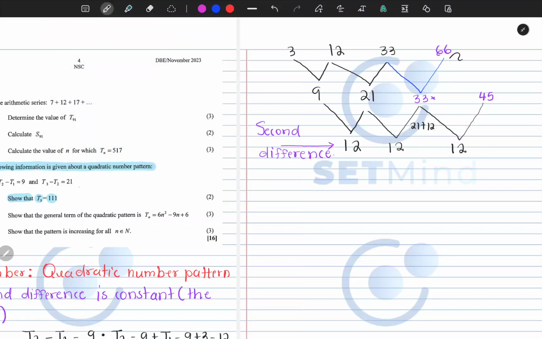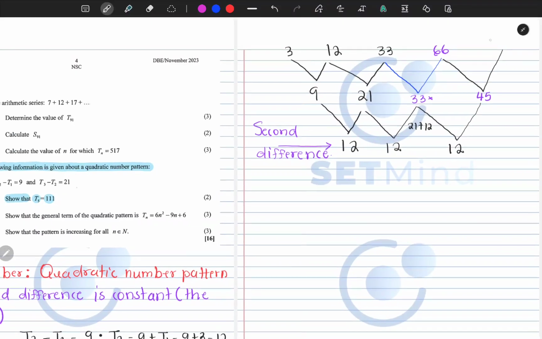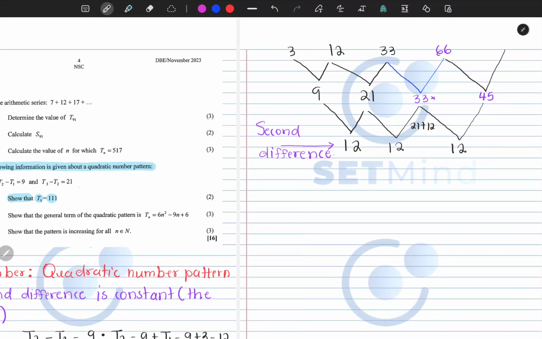And then the term that comes after 66, when I subtract 66, I should get 45. So essentially I need to add 66 to 45 so that what I will get there will be 111. So that is what we obtain.